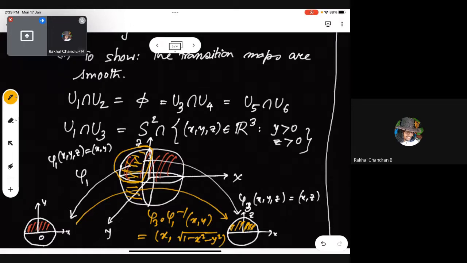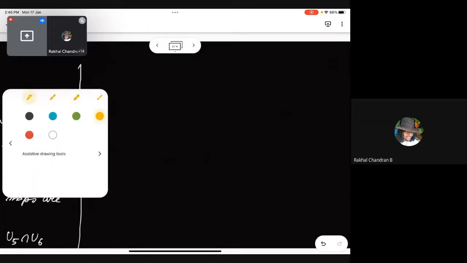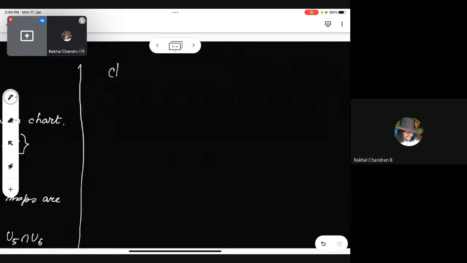Now we need to check this is a diffeomorphism. Of course this is a homeomorphism, but it is also seen to be smooth. Maybe I should give you an exercise here. Oh, well, you don't need to check, it's clear.